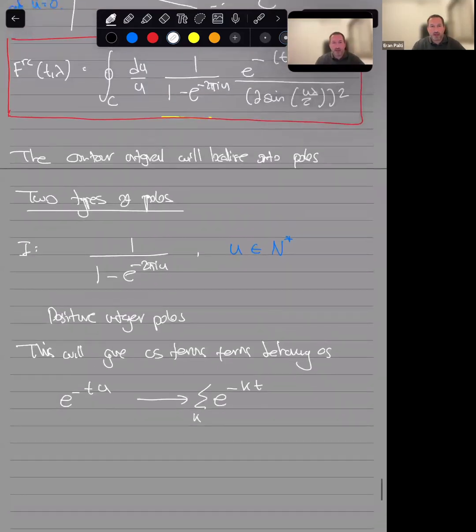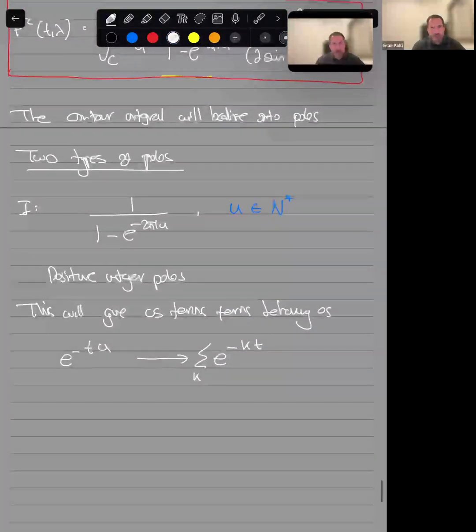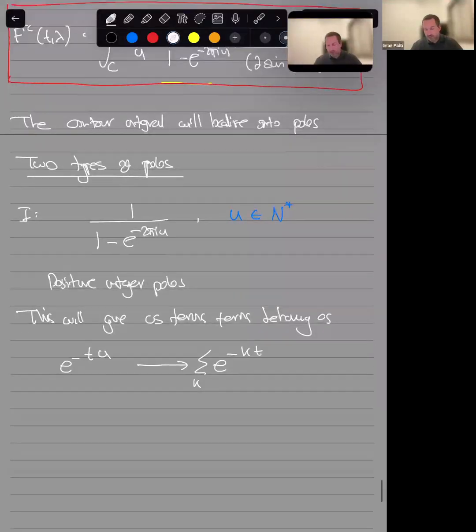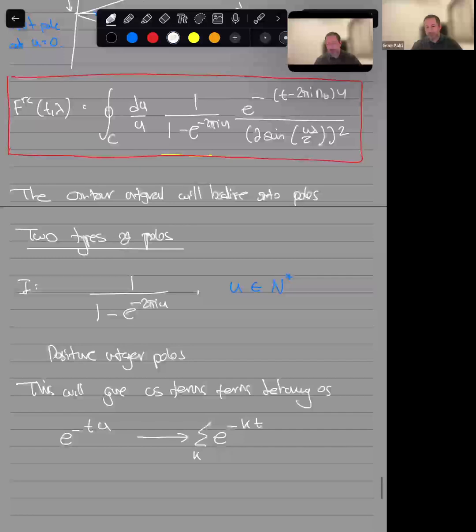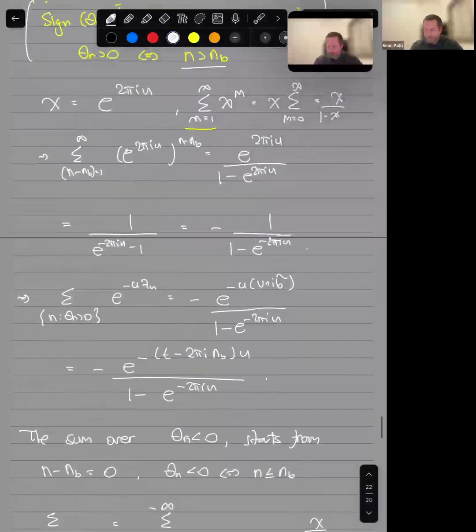Okay, and in fact, this is just the usual Gopakumar-Vafa expression for the resolved conifold. So that's just this thing that I wrote here.